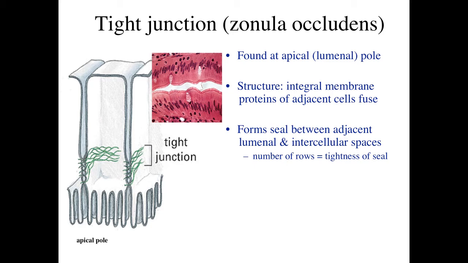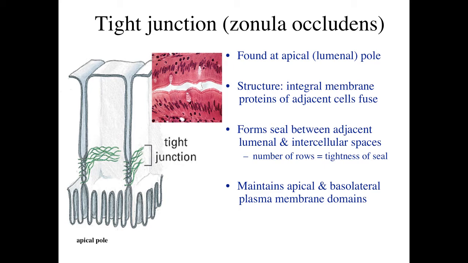They're separating the luminal space from the intracellular space. That means that material doesn't flow between the cells, but would have to cross these tight junctions. The number of rows where these proteins fuse in the tight junctions determines the tightness of the seal, and that will become clear, I think, in a couple of minutes.